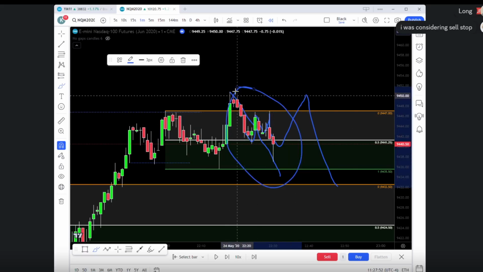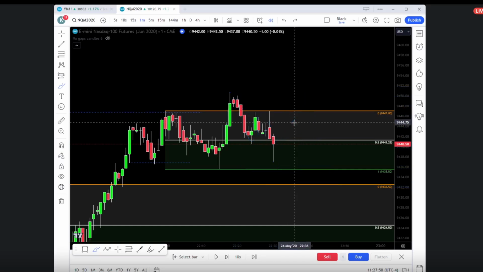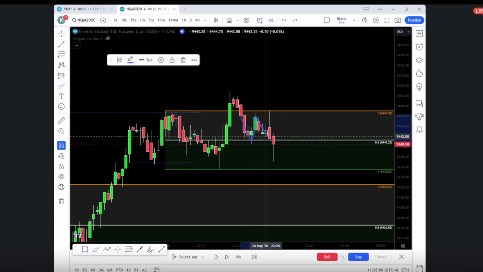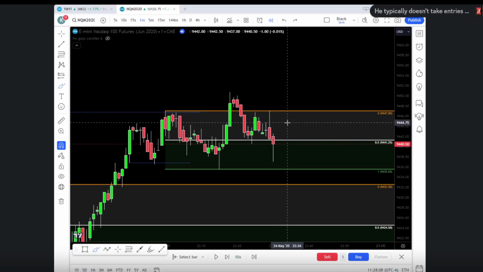Now, I don't think this is part of a 5-minute structure, right? What I'm seeing here is that we've actually flipped, left the zone, came back into the zone potentially, and then go. What I don't want to see is a body closure, say up in here.